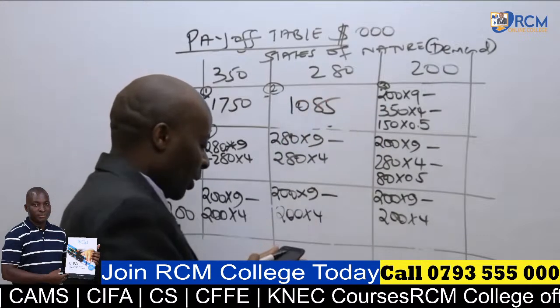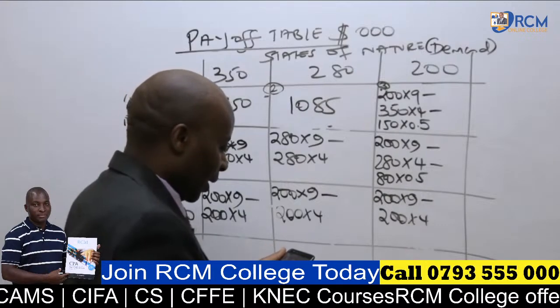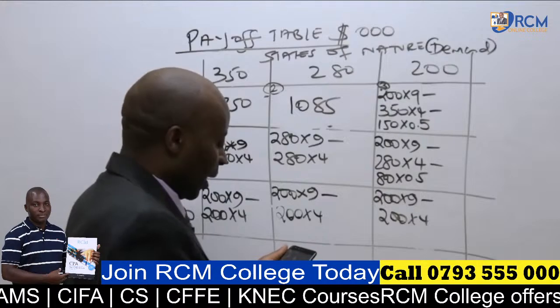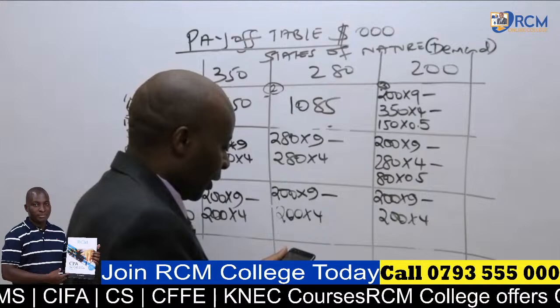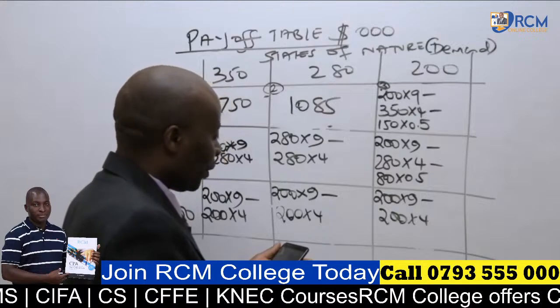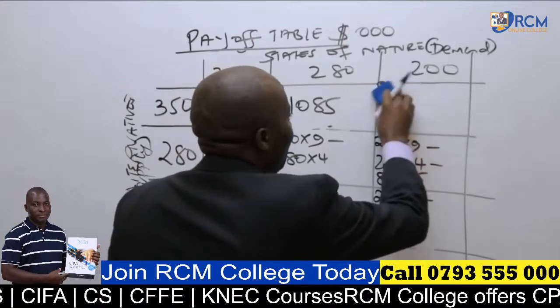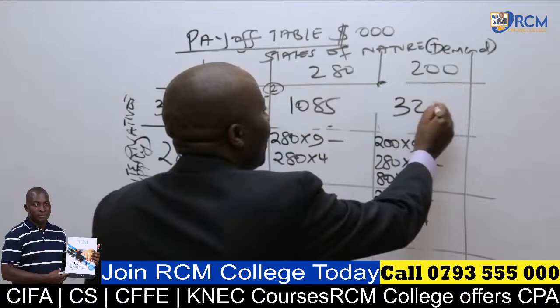Go to the next one, ladies and gentlemen, it's 200 times 9 minus 350 times 4 minus 150 times 0.5 equals, what are we able to see there? 325 is my figure here.